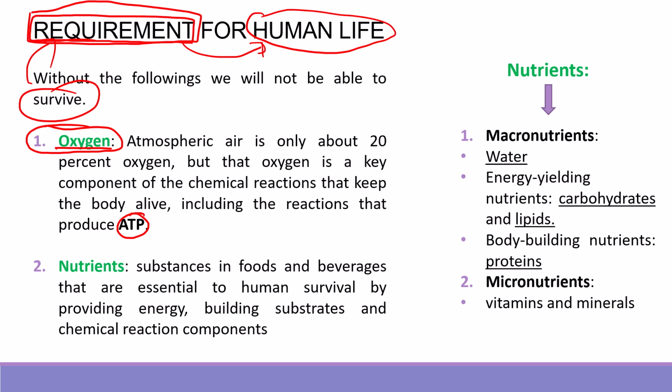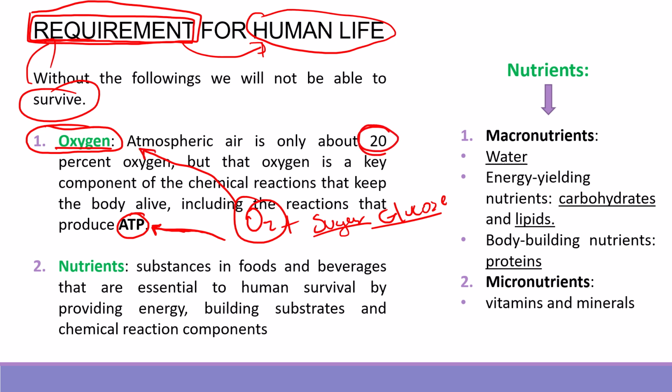The way your cells will make ATP, which is what the cells use as energy, in the most efficient way is by combining oxygen plus sugar. An example of sugar is glucose. We get the oxygen from the atmosphere every time we breathe, right? About 20% of the air that we breathe contains oxygen.